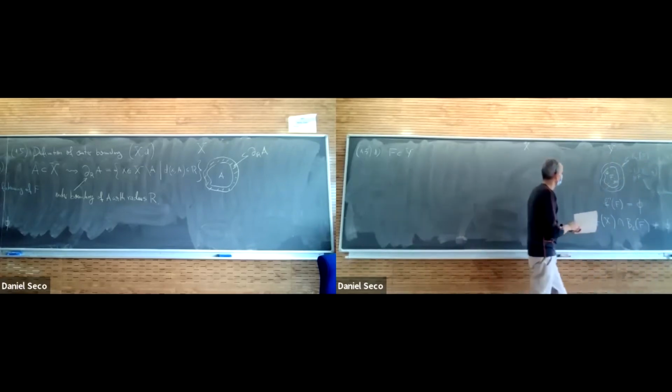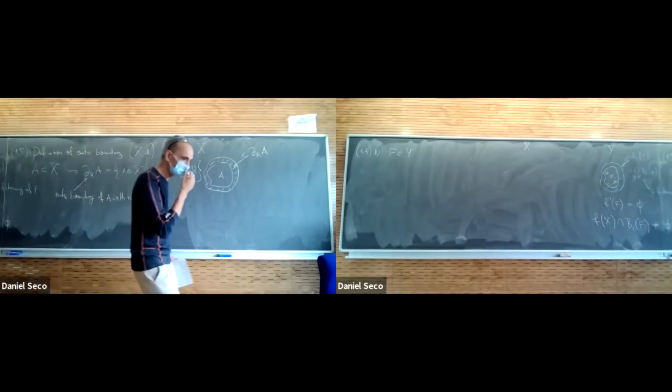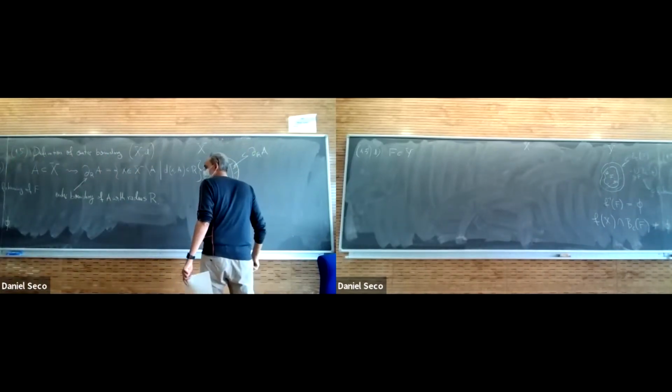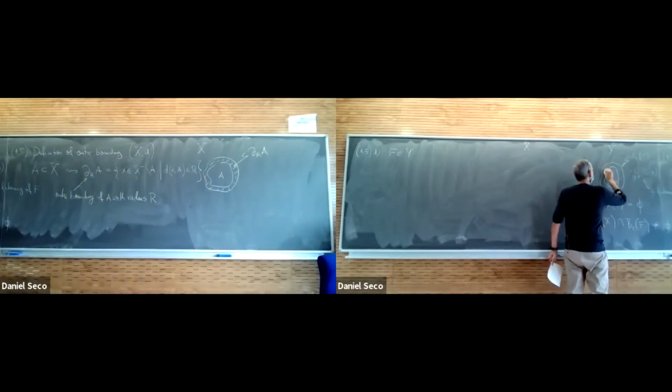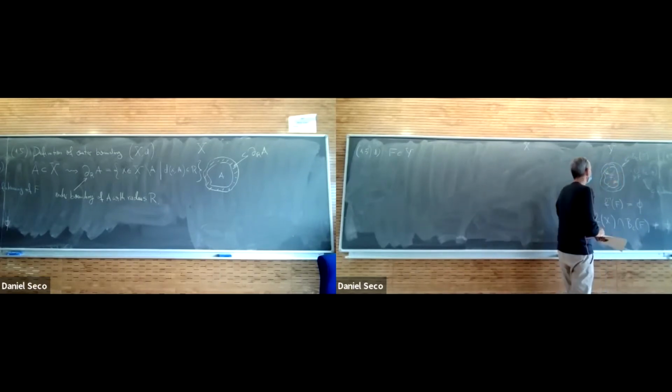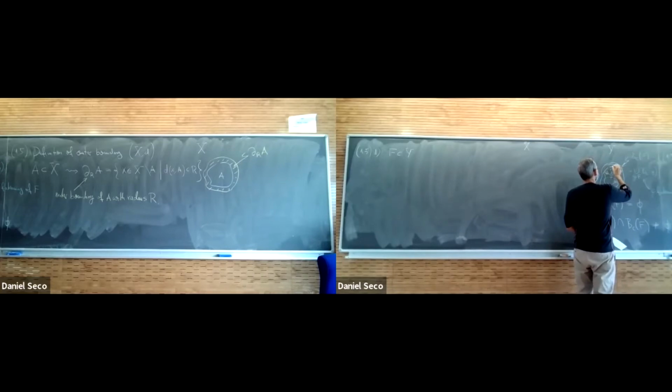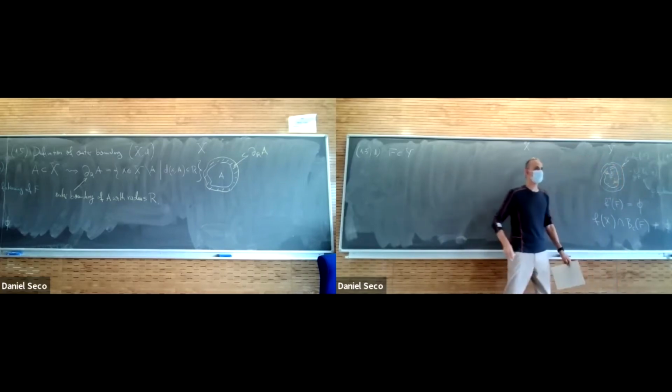So this white dot here is Y. From the other side, you know that on this ball of radius C, you have an image. That's the reason.